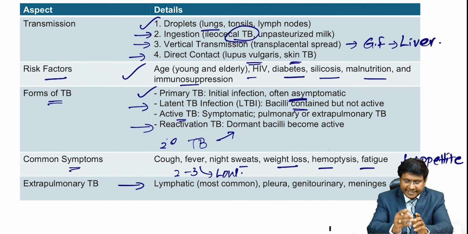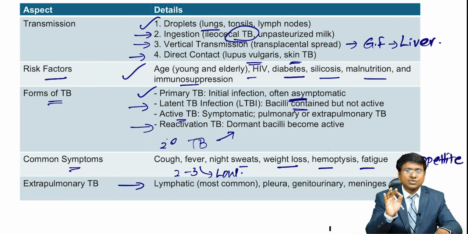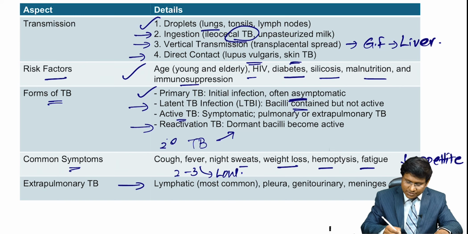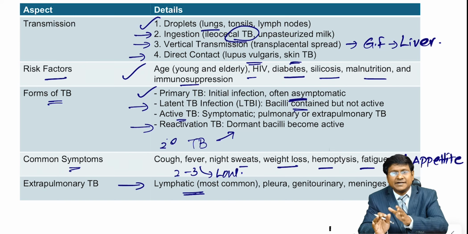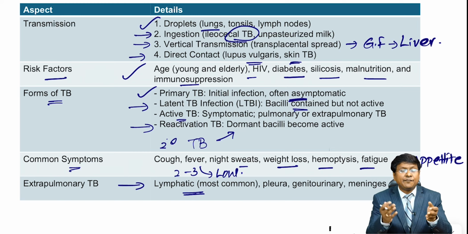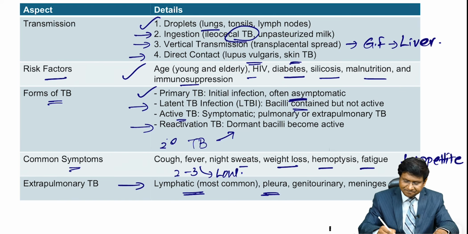Then coming to extrapulmonary tuberculosis. The most common site for extrapulmonary tuberculosis is through lymphatic spread. So lymph nodes are the most common site, followed by the serous cavities, that is the pleura, where there can be development of pleural effusion.